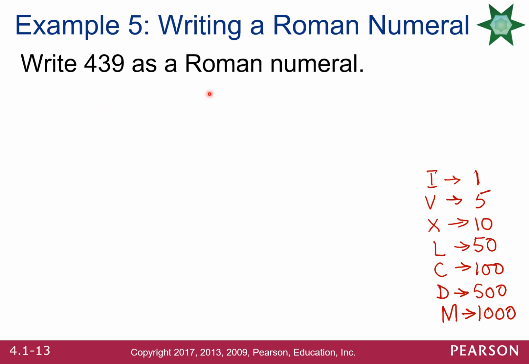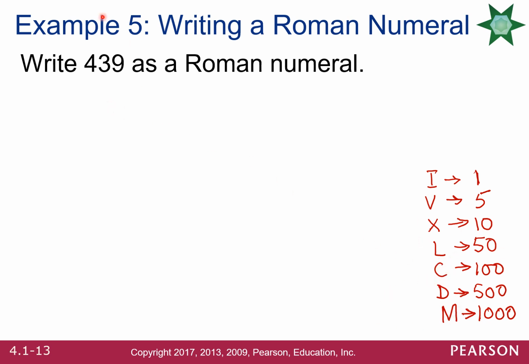To convert that into the Roman numeral form, I have first listed the Hindu Arabic values corresponding to each of these Roman numerals: I, V, X, L, C, D, M. Now we see that 439 is less than 500, so when we convert it to the Roman system, we should not have to use M. Most likely the highest value we will be using is going to be a D in the Roman numeral form. But let's see how that's going to work.